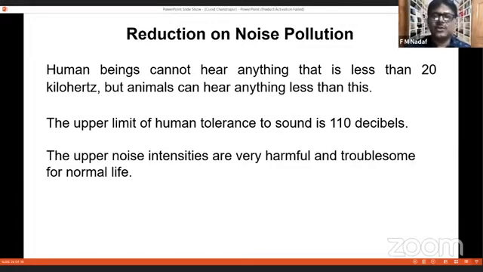Wonderful, wonderful. Our lockdown brought the noise level to an unbelievable reduction, which made human beings live a stress-free life. Because of sound, we experience a lot of stress, a lot of distress. So that stress and distress level in many communities, in many societies came down to a greater extent.